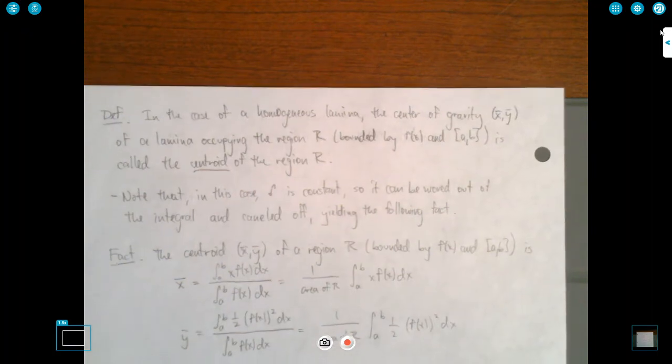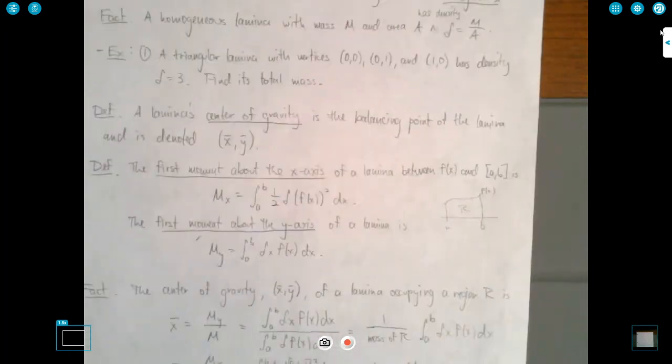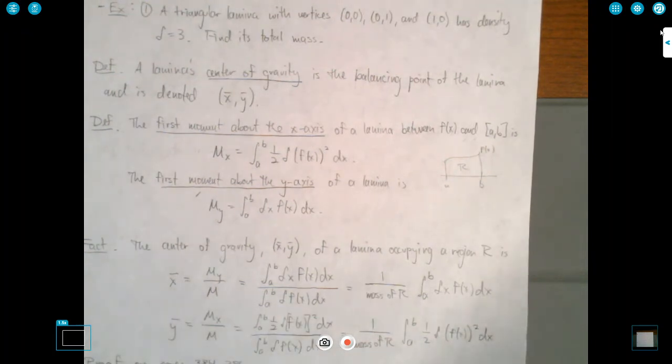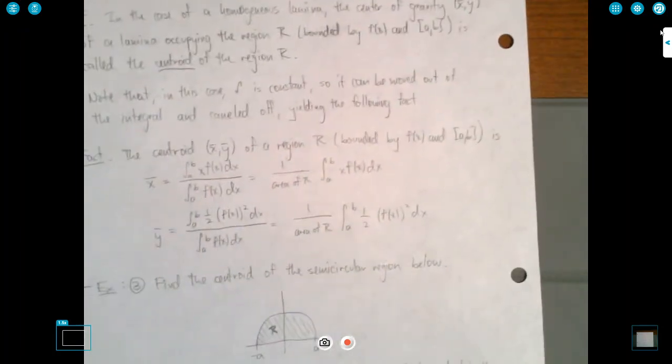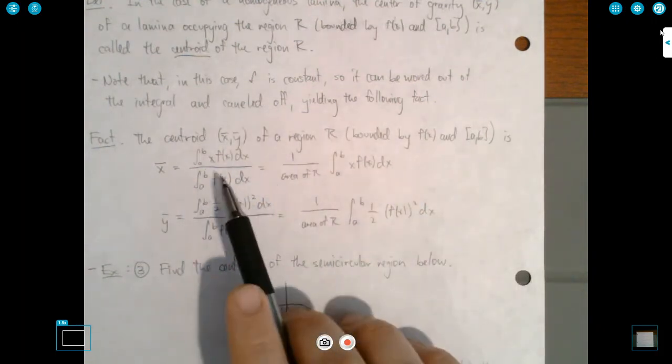And so that yields the following fact. So the centroid, x bar, y bar. In general, the center of gravity is given by these functions. But if you know that the lamina is homogeneous, then instead of calling it the center of gravity, we just call it the centroid. And for the centroid, you can cancel off that delta so that you just get these formulas.